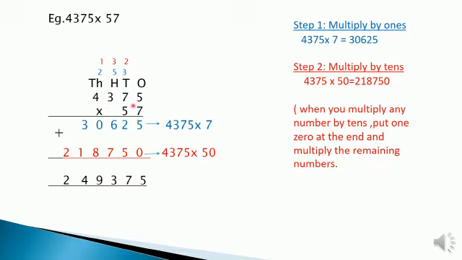That is 4375 by 50. When you multiply any number by tens, put one zero at the end and multiply the remaining numbers. Here you have to put one zero in ones place and multiply the remaining numbers, that is 4375 by 5.